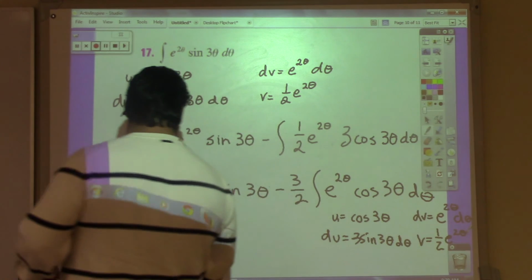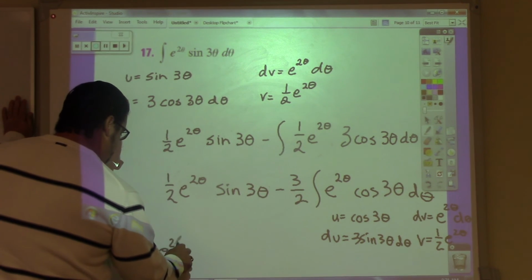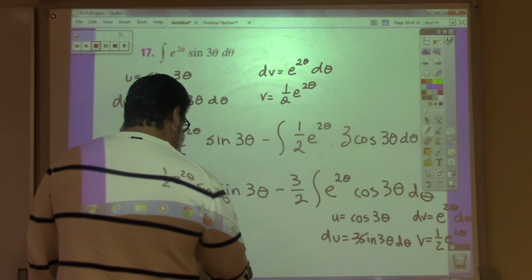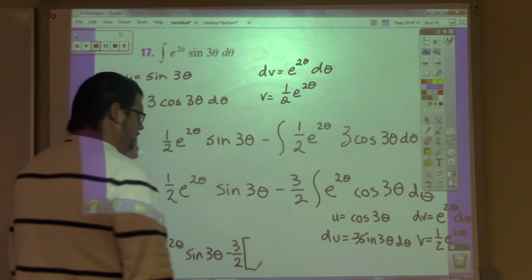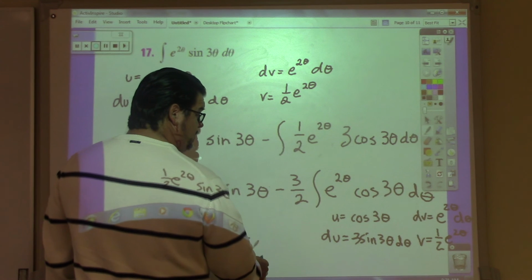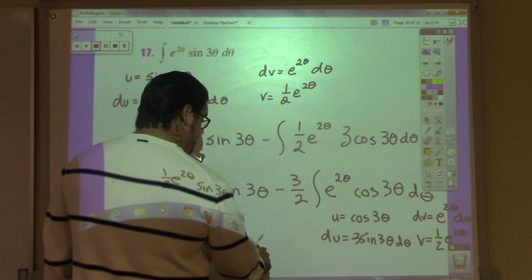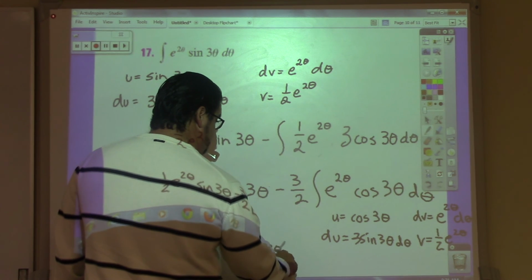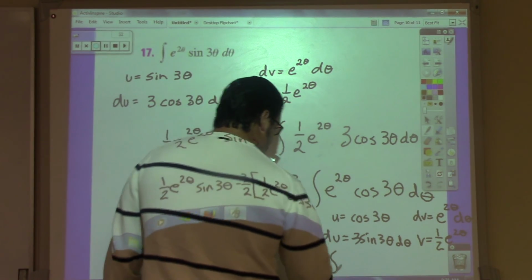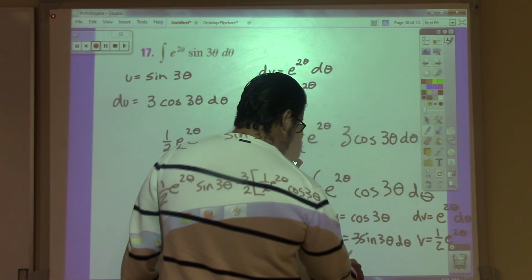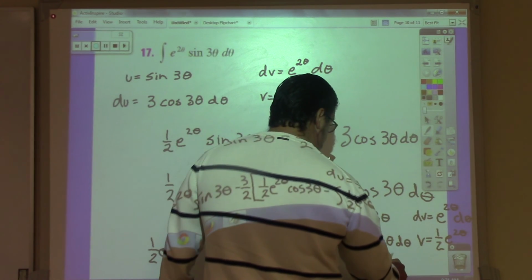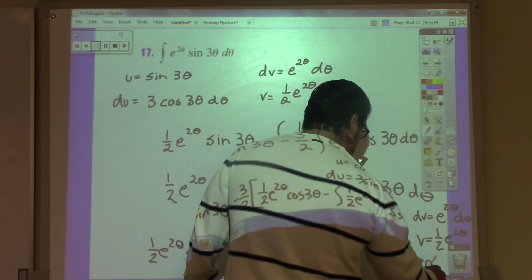So that's going to be 1/2 e to the 2 theta sine of 3 theta minus 3/2 brackets uv minus the antiderivative of v du. uv is 1/2 e to the 2 theta cosine of 3 theta, minus the antiderivative of v du, which is going to be 1/2 e to the 2 theta times negative 3 sine of 3 theta d theta.